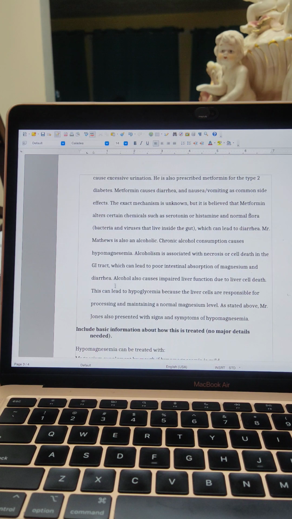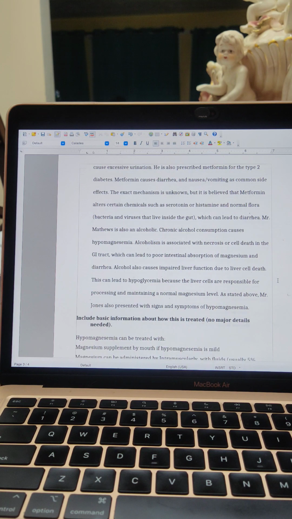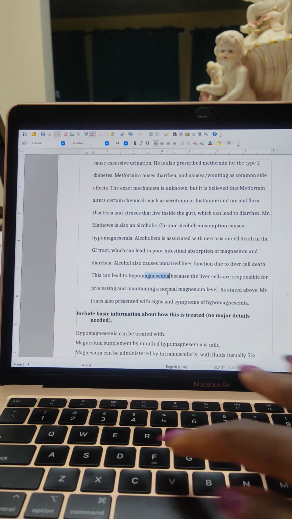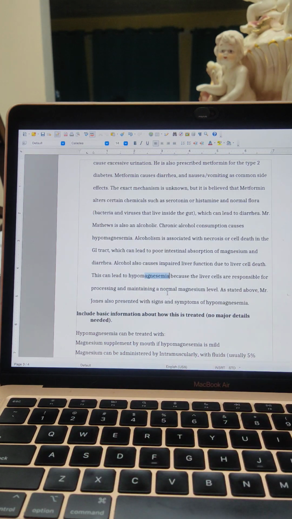Alcohol also causes impaired liver function due to liver cell death. This can lead to hypomagnesemia because the liver cells are responsible for processing and maintaining normal magnesium levels.